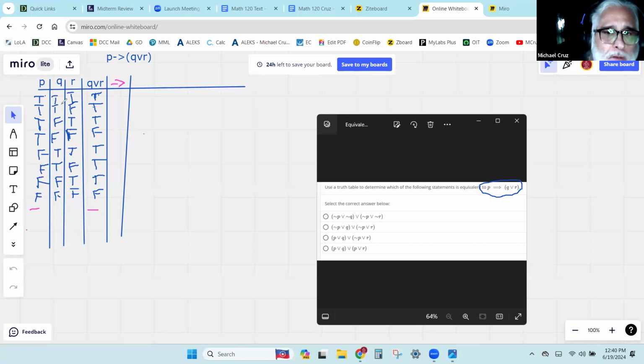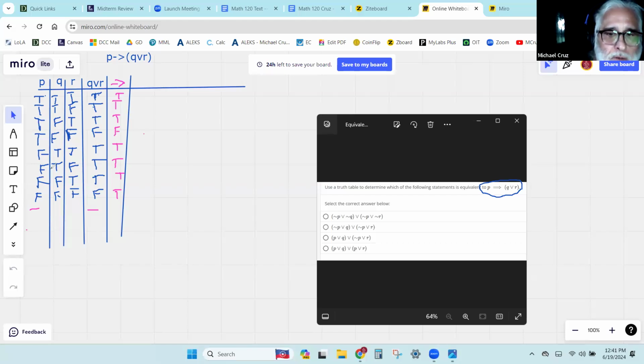That's the only one that's false. So true, true is true. True, false. There's our false one. If true, then true is true. Here's our bad one. If true, then false is false.